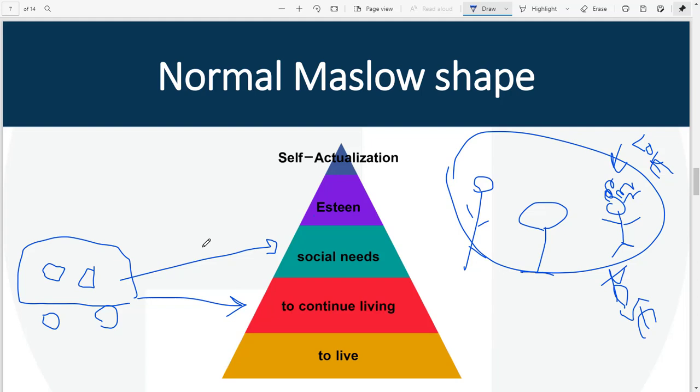So any car can fulfill the base floor of these floors. And this one would be ticked, ticked, and ticked. But what about this floor? This is a floor that is never going to be ticked. Why? Because there is a word called desire. Desire is in this level, in this stage. There is no end for your desire.